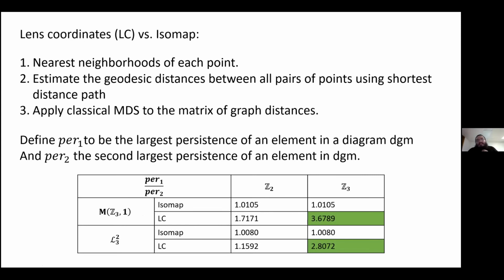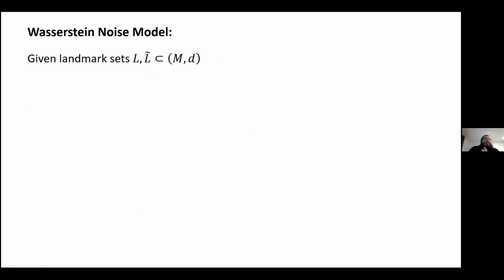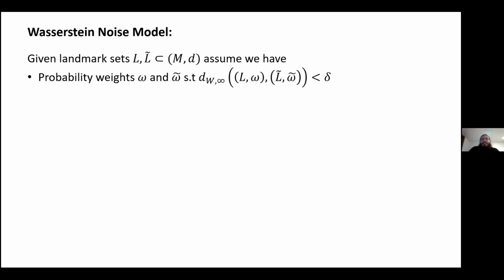So once this is settled, we can ask questions about how stable this procedure of computing lens coordinates is. To answer this question, let's say I start with two different landmark sets, and I assign some weights to these landmark sets, thinking of them just as probabilities on the landmark sets, such that the infinite Wasserstein distance is small, or is controlled somehow. With this in mind, we obtain the following result.